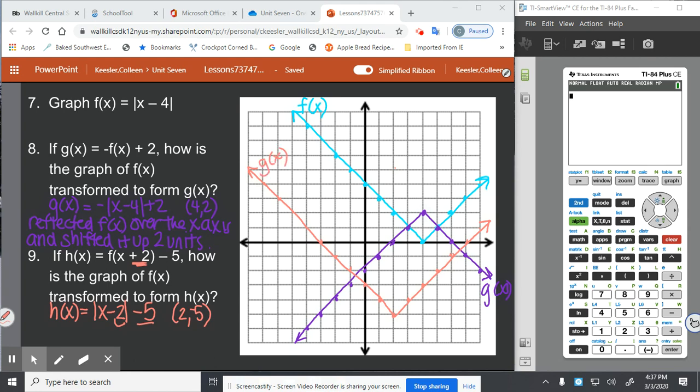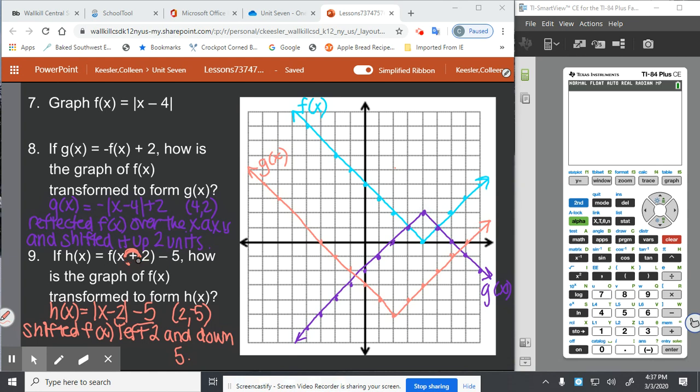So we know that this shifted f of x left 2 and down 5. Remember with the right and left transformations, it's always the opposite of the sign in parentheses.